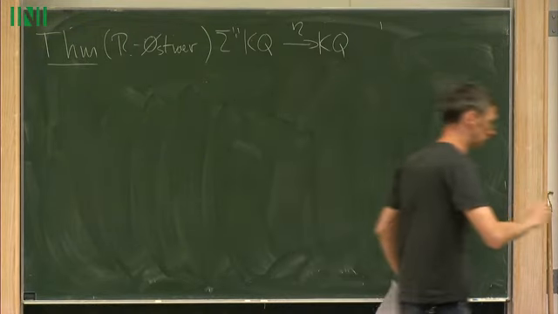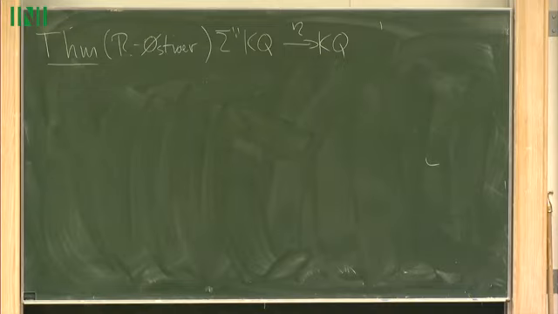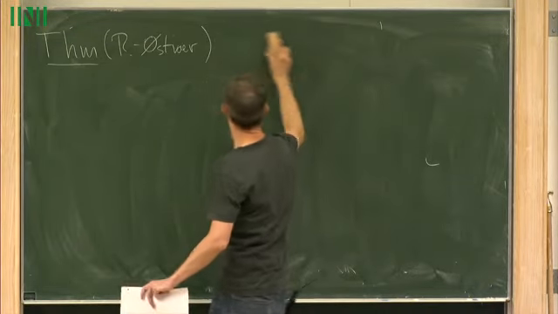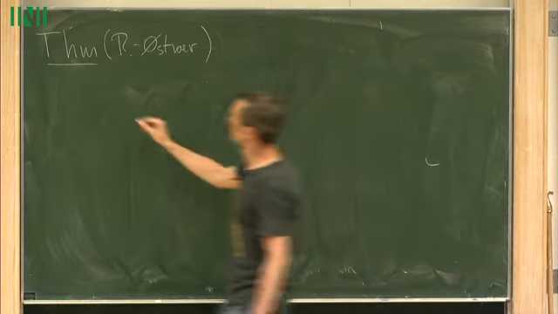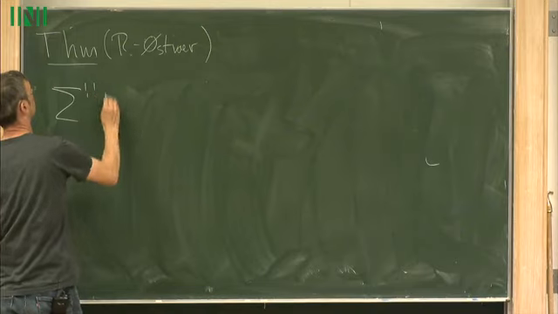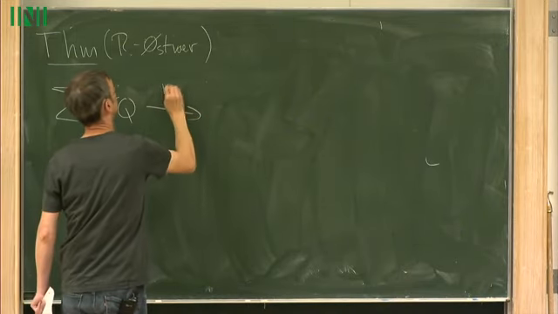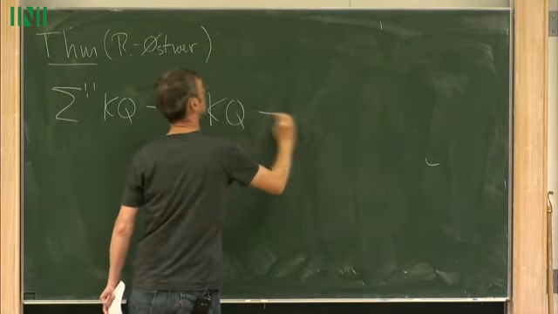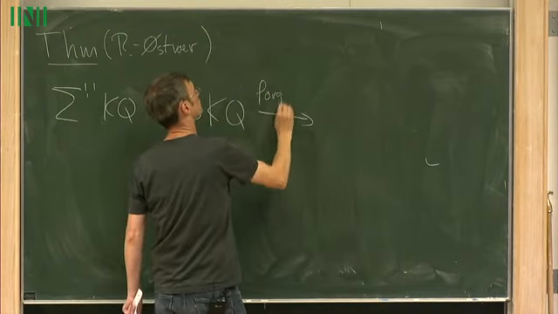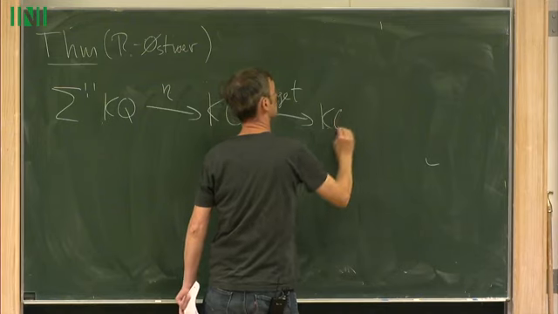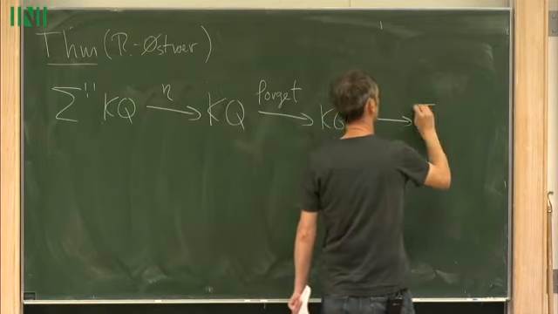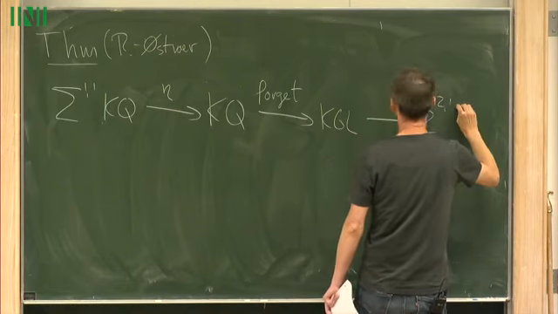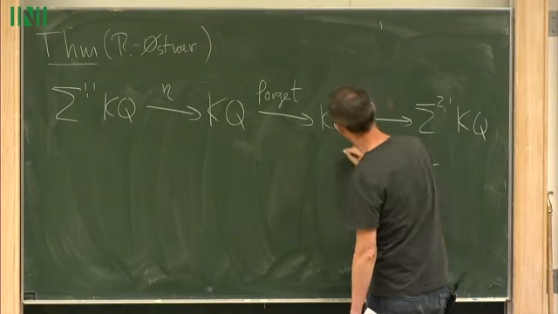Let me write a bit larger. So as I said, there's a forgetful map to algebraic K-theory, and then there's a connecting map, and this can be described explicitly.